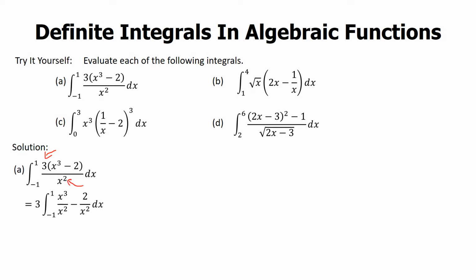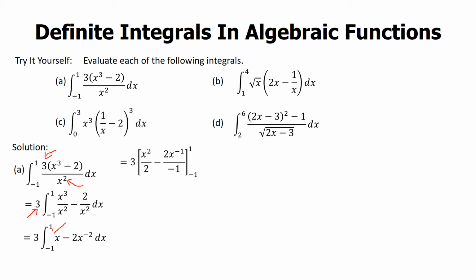So we can take out the constant outside the integration so that it won't impact the integration, and then we can break this fraction into two fractions, which is x cubed over x squared minus 2 over x squared. Then we simplify, we get 3 integration from -1 to 1 x minus 2x to the power of -2 dx. And now we can start to perform integration.